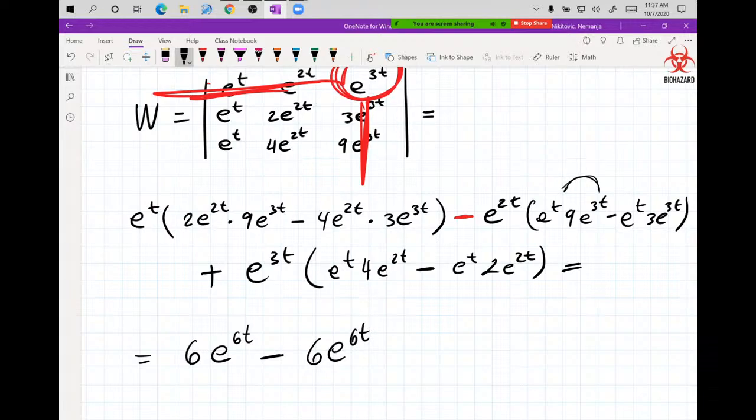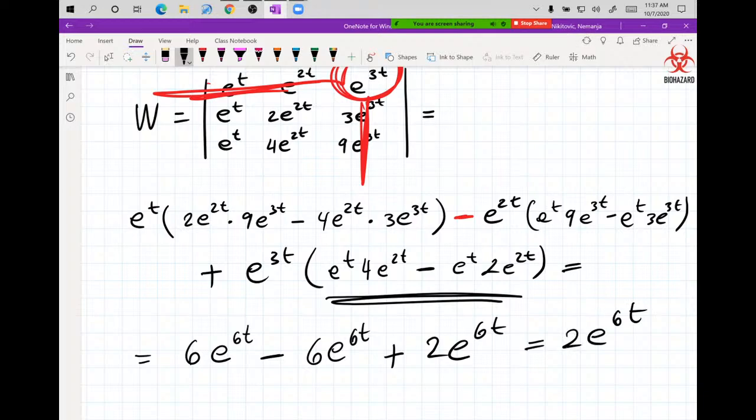Because this is a 4, and then plus 2 is 6, and you have a 9 minus 3 is 6, so that's what gets there. And then the last one over here is 4 minus 2 is 2, e to the 3t, and a 3 outside is 6, so 2e to the 6t for the total of 2e to the 6t, which is different than 0, which means it is linearly independent for all of these solutions.